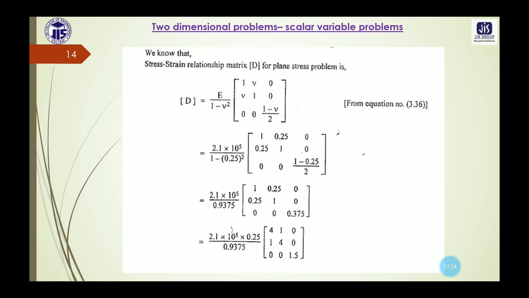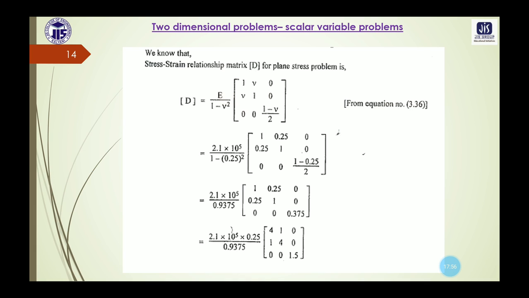Next we need to calculate the stress strain relationship matrix D. So the equation for the D matrix is E by 1 minus nu square multiplied by a 3 by 3 matrix. Here in this stress strain relationship matrix formula we can see that the parameters which are given are Young's modulus and the Poisson's ratio.